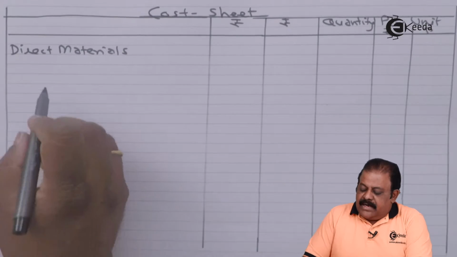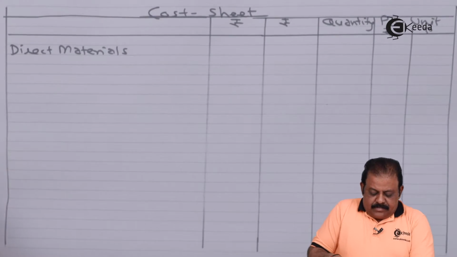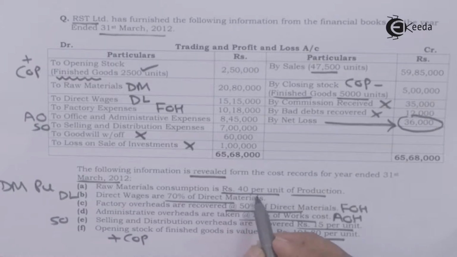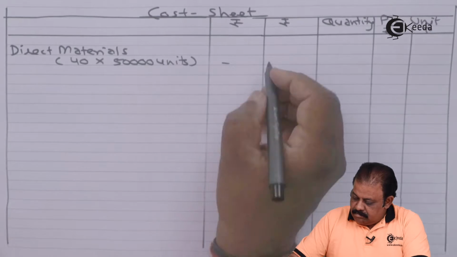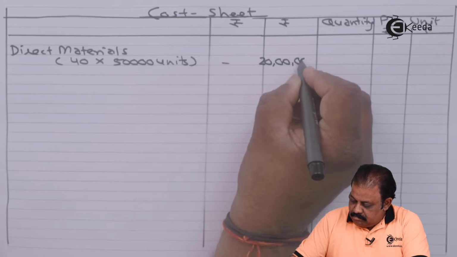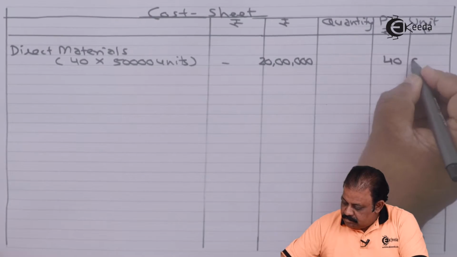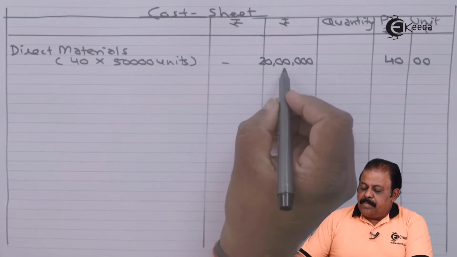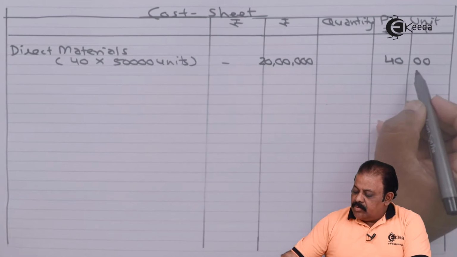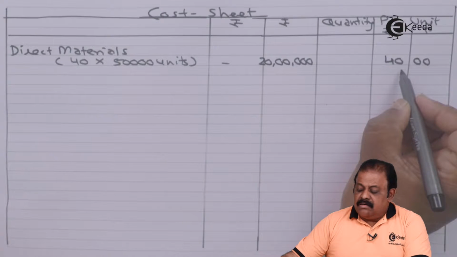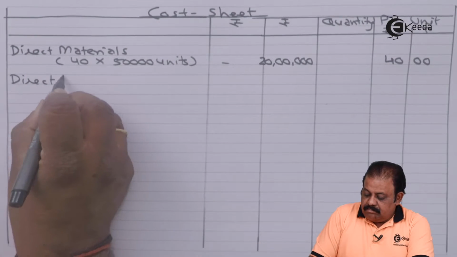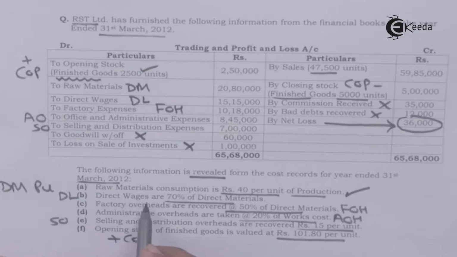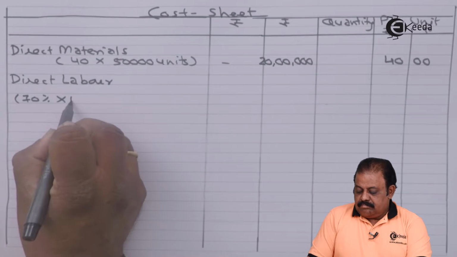In cost sheet, first item is direct materials. Raw material consumption is rupees 40 per unit of production. So it will be rupees 20 lakhs and per unit direct material rupees 40. Direct wages 70% of direct materials.